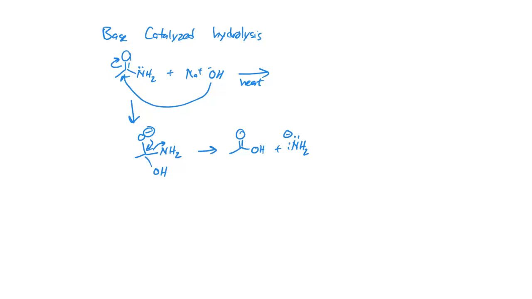But what we can do as soon as we make this strong base is immediately deprotonate it using the newly formed carboxylic acid. And so what we end up with is this carboxylate plus NH3.